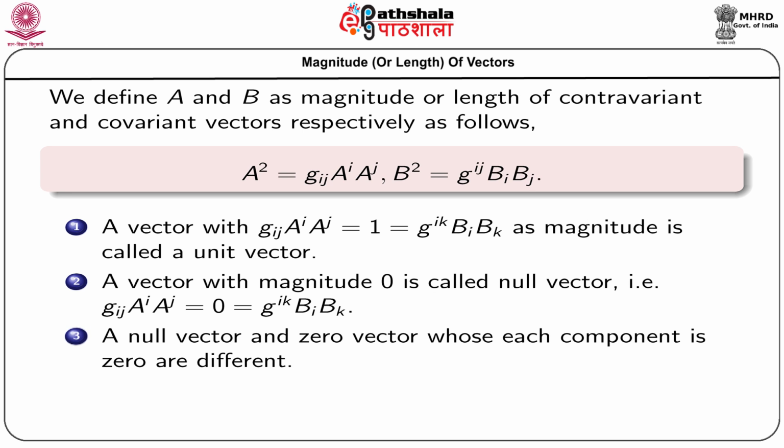A null vector and a 0 vector, that is, one whose components are all 0, are different. For a null vector, the components may not be all 0, but for a 0 vector, the components are all 0.